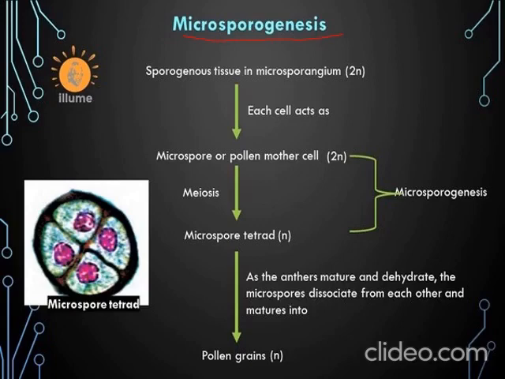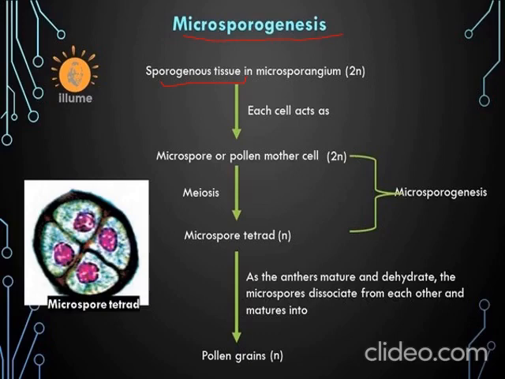Those layers surround the sporogenous tissues present in the microsporangium. The sporogenous tissues, at the center of the microsporangium, are made up of a group of cells in which each and every cell has the capacity to convert into pollen mother cells.